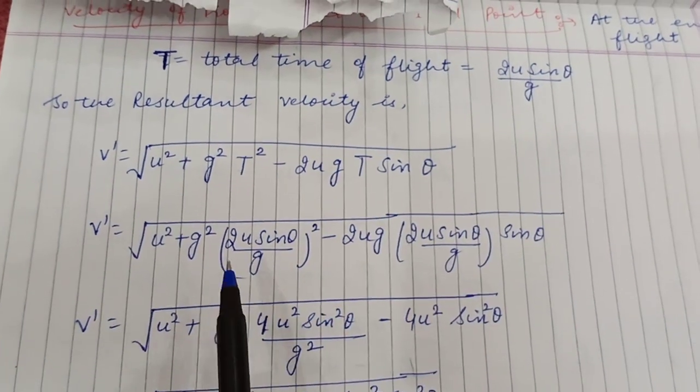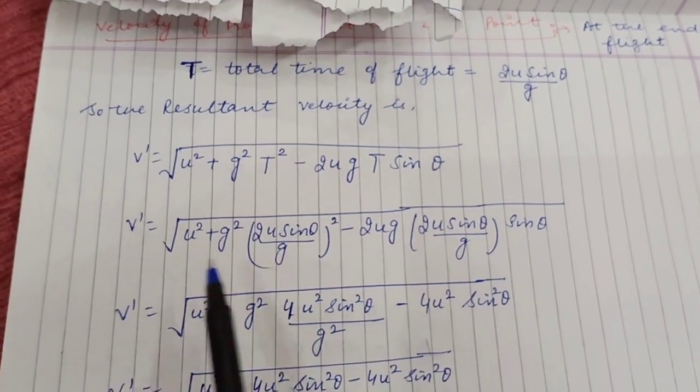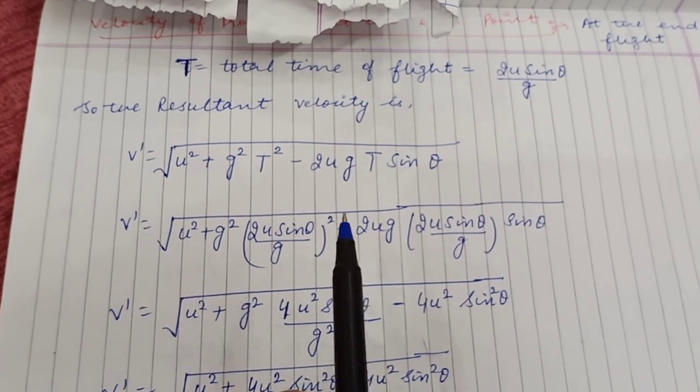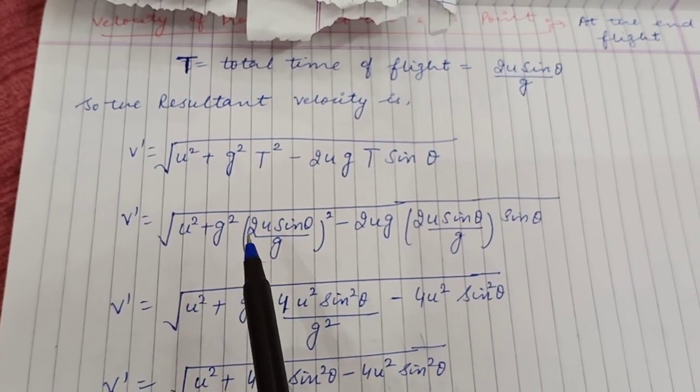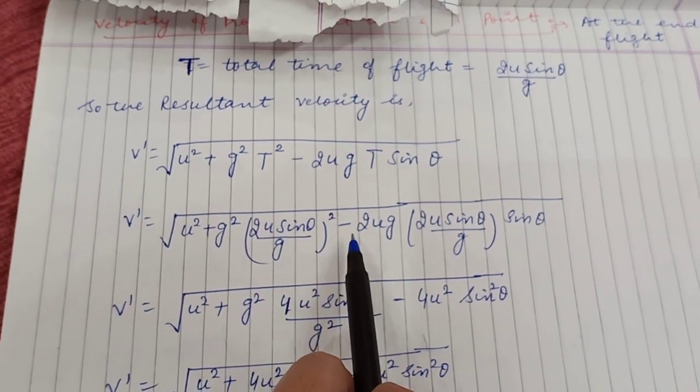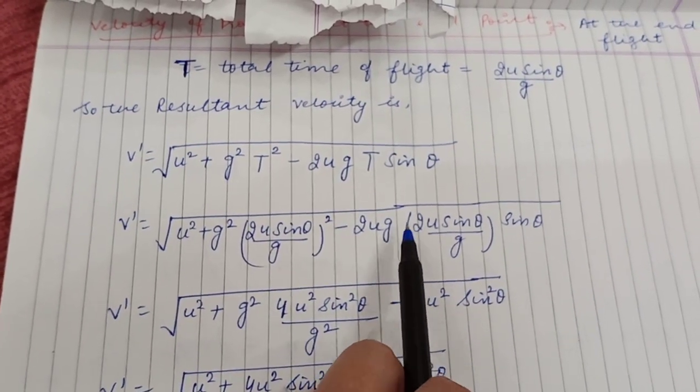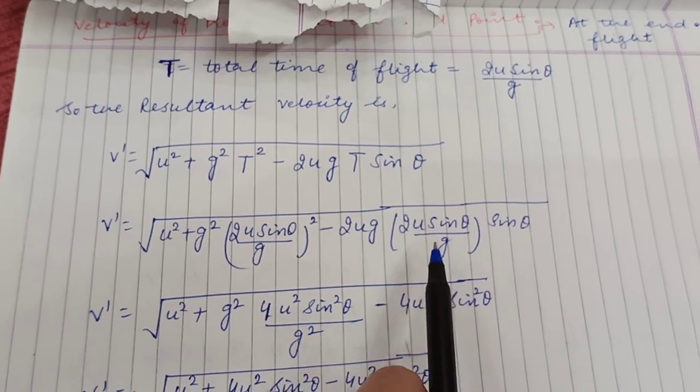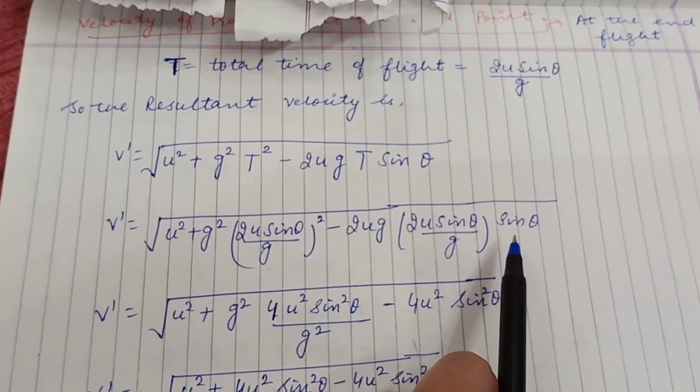When we put the value in this expression, we get v dash is equal to square root of u square plus g square within bracket 2u sin theta upon g whole square minus 2ug within bracket 2u sin theta upon g into sin theta.